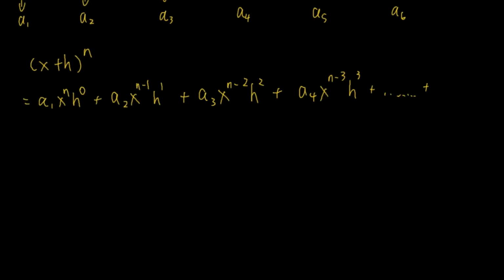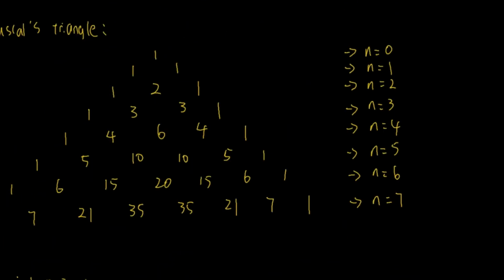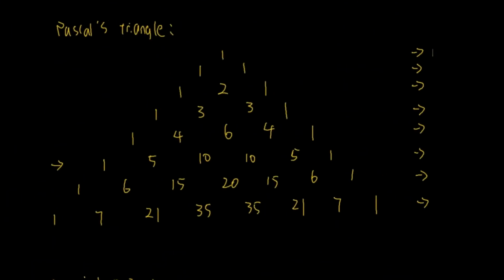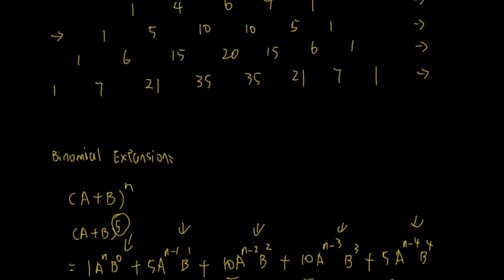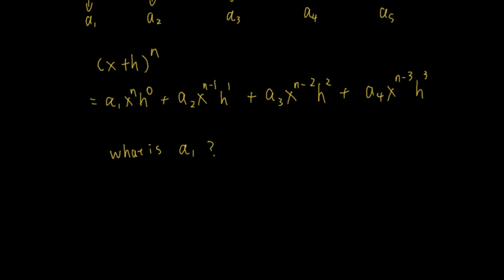Now let's figure out what the values are here. What is a1? Well, we know that a1 is just this row here. It doesn't matter what n is, a1 is always 1. So we can just say a1 is equal to 1.